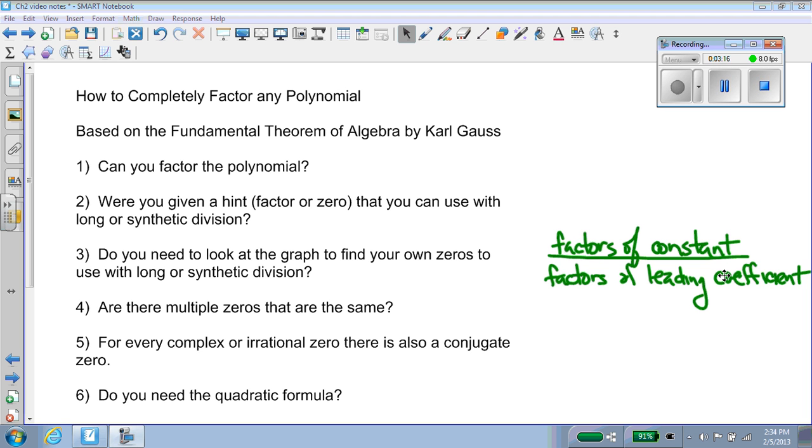Or complex-wise, if I had 3 plus 4i, I would also have 3 minus 4i as a 0. And then our old friend, the quadratic formula, often comes in right at the end to find us the last 2 zeros that we need. So we're going to be using all of this information to completely break down polynomials.